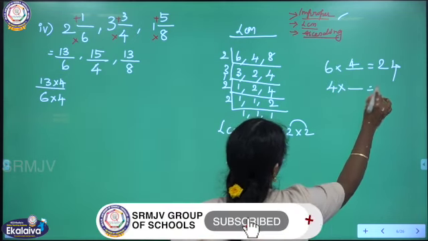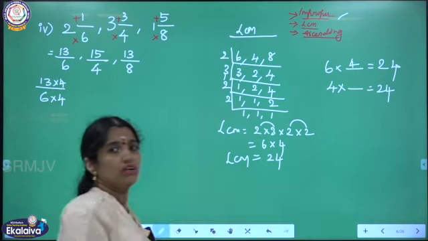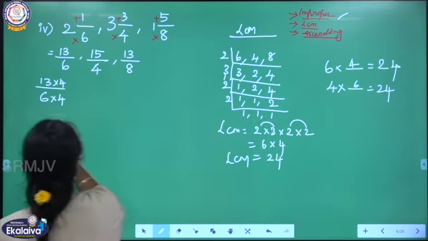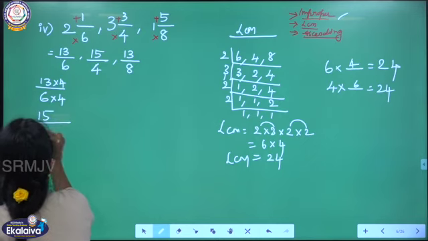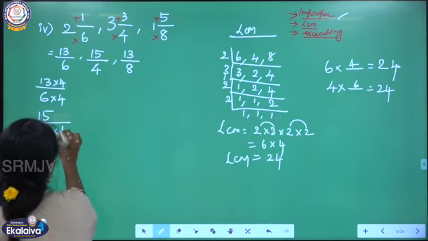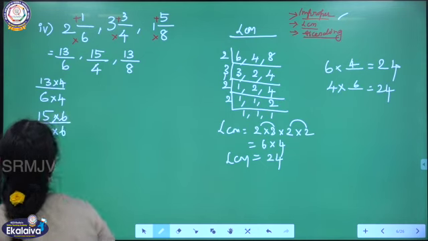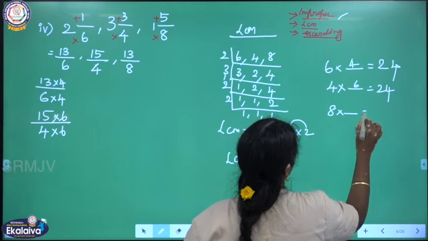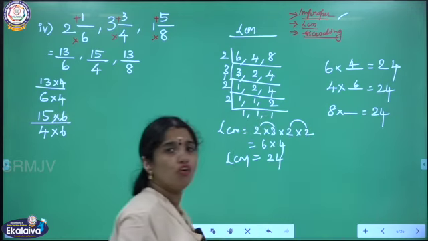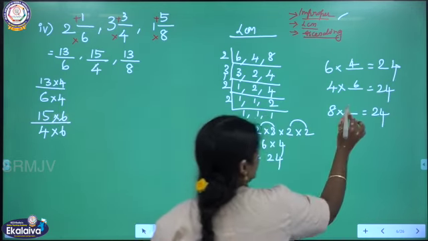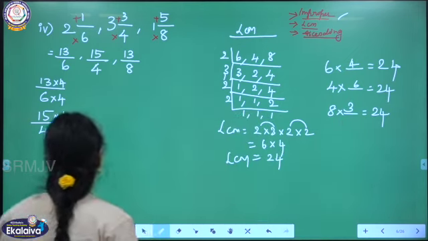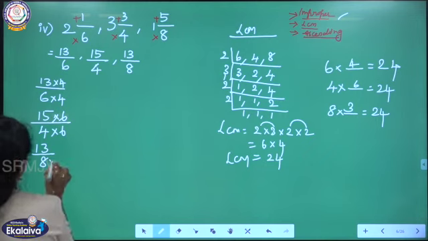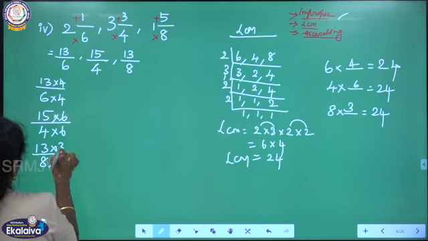How do I have to make it 24? 4 6s are 24. So, write this 15 by 4 into 6. Got it? Next, 8 is there. What do I have to multiply to get 24? 8 3s are 24. So, write this 13 by 8 into 3. Okay.